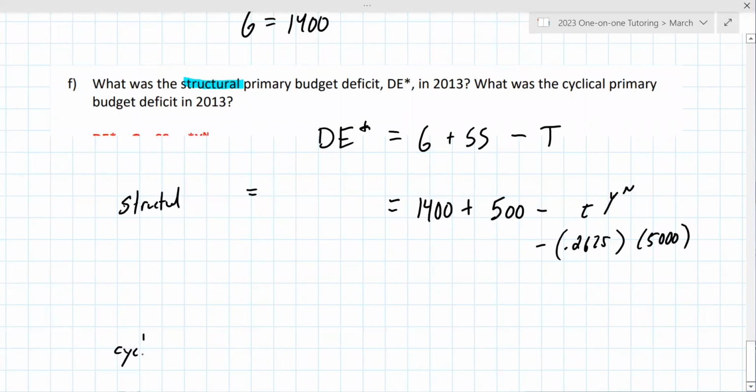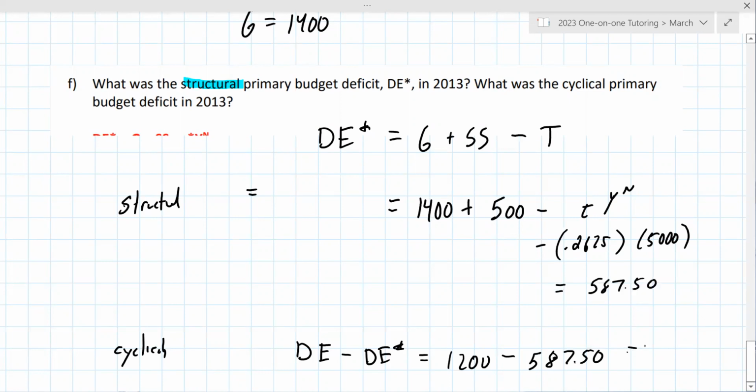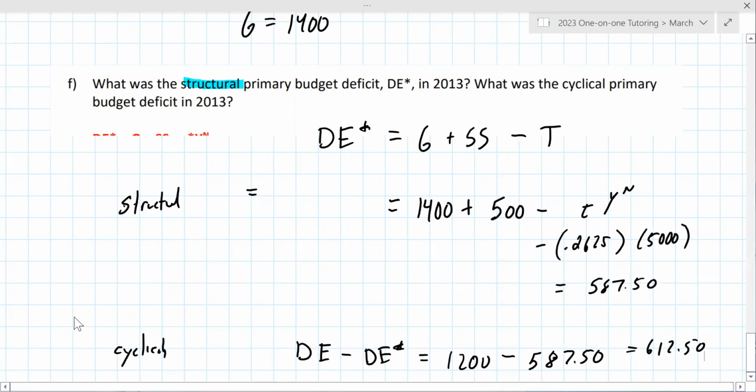For cyclical, it's just a simple calculation: DE minus DE star. So it's the two previous results, the 1200 minus the result from this previous line. So that's just a definition: cyclical is actual minus structural. Let me write that down.